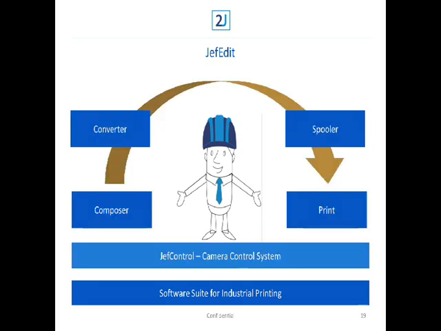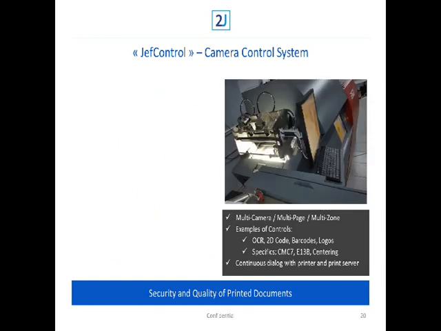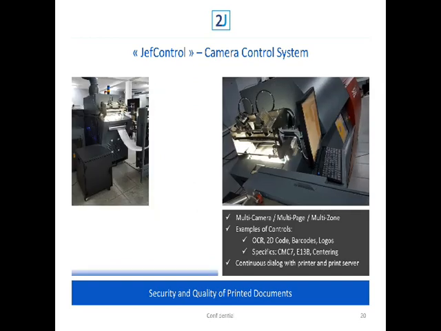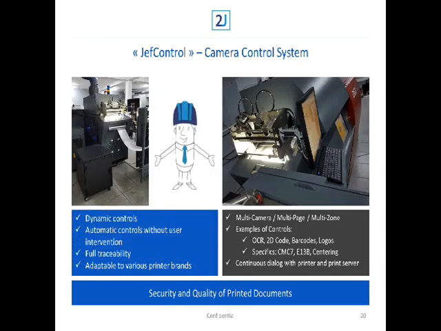JefControl, camera control system. A short view on the camera control system JefControl. Different configurations can be realized depending on the customer demand. It can be interfaced with the print module or the spooler module. Easy-to-use software allows to define the job control.